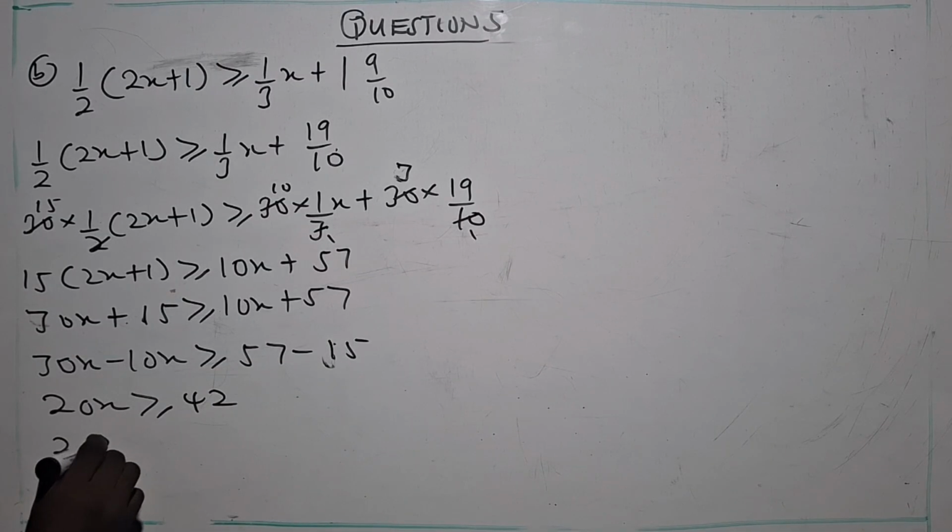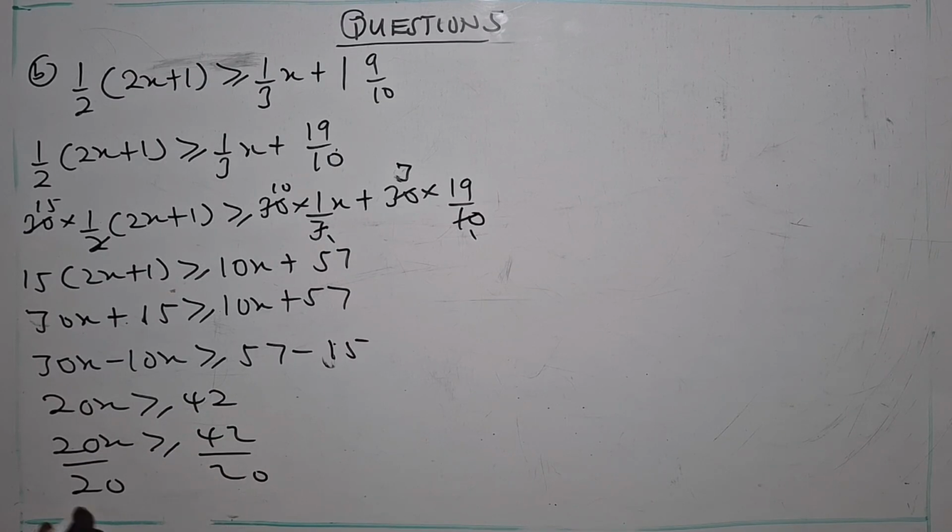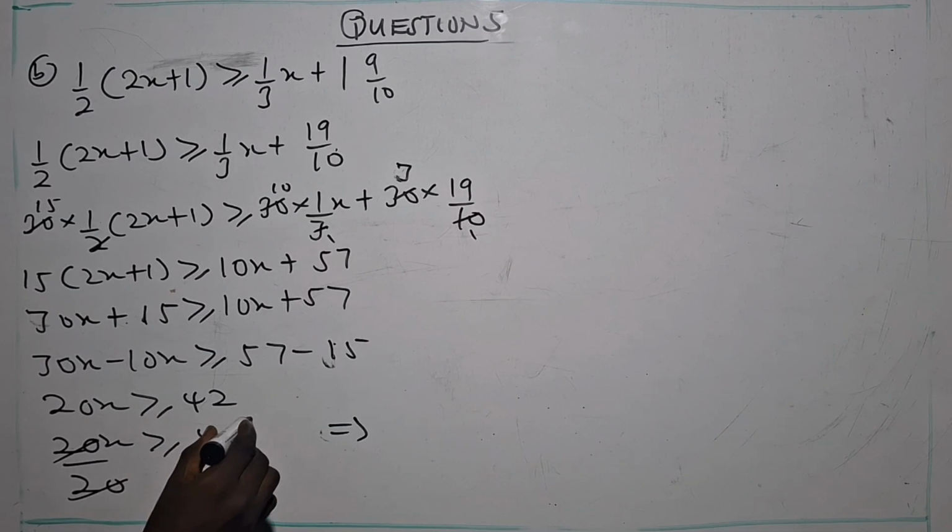So I'll divide both sides by the coefficient, 20. This will take this. I'm going to have my x. So here we have to simplify this. What number can divide 20 and 42? If you want to use a smaller number, 2 can go here 21, 2 can go here 10.